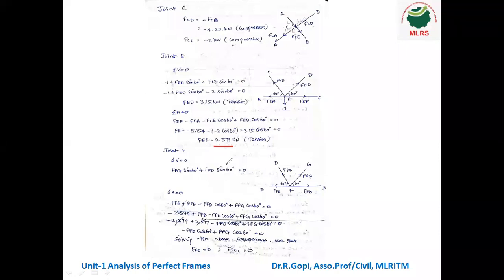Okay, so next come to joint F. If you consider joint F, what are the vertical forces acting? Only FFD and FFG. So first draw the free body diagram correctly. If you draw the free body diagram correctly, it is very easy to solve. Here, in case of vertical forces, FFG sin 60 and FFD sin 60, both are acting vertically.